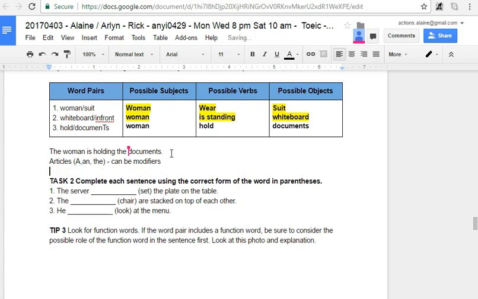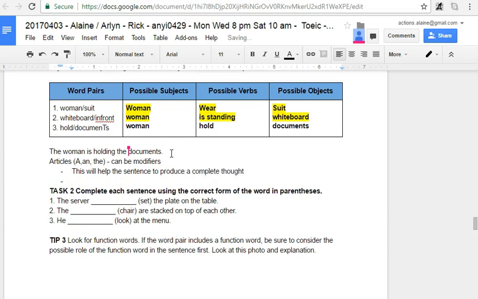Right. Very good. Also, this will help the sentence produce a complete thought. How? It will define one's verb or subject.